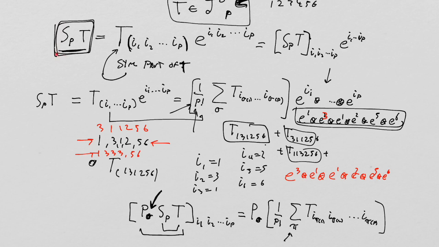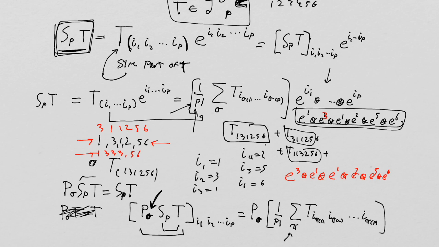We expect that the symmetric part of T will be unaffected by any P transpose operation, right? So I can write P sigma of SP of T equals SP of T. Now, to be clear, this is not the same as P sigma of T equals T. That's not what we're saying.